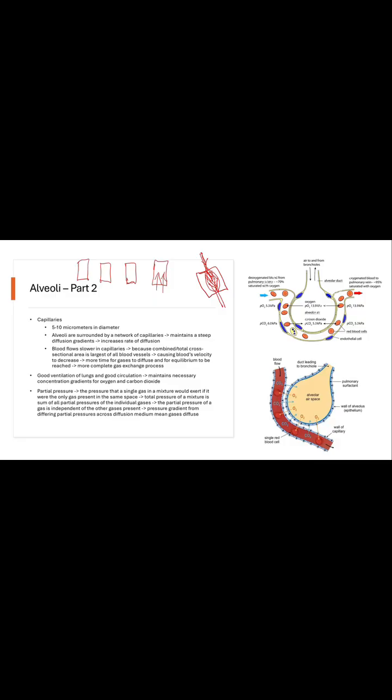That's another adaptation, and this maintains the necessary concentration gradients for oxygen and carbon dioxide, which are our main gases that are diffusing across these areas. And this, again, is concentration gradients. So the same way that good circulation provides a good concentration gradient, it is also like that with the ventilation.